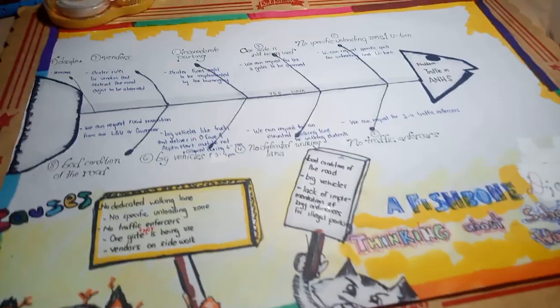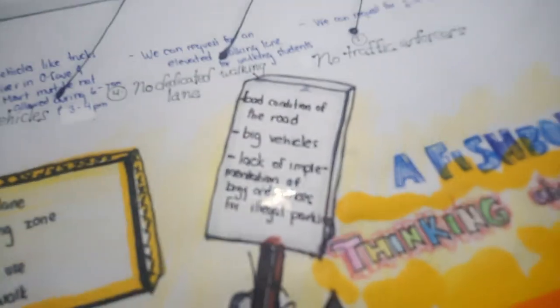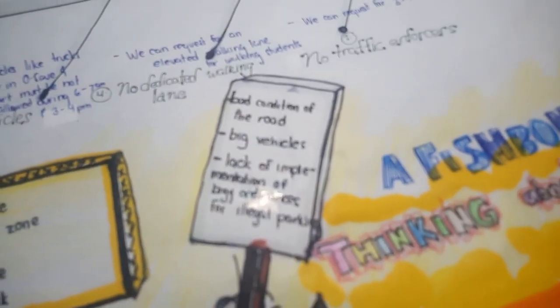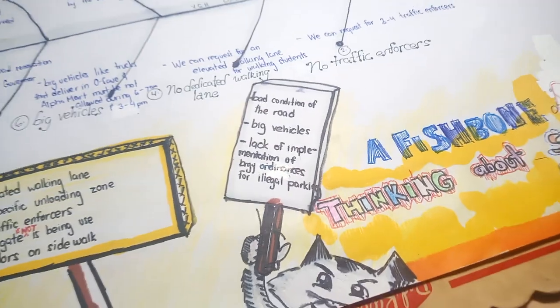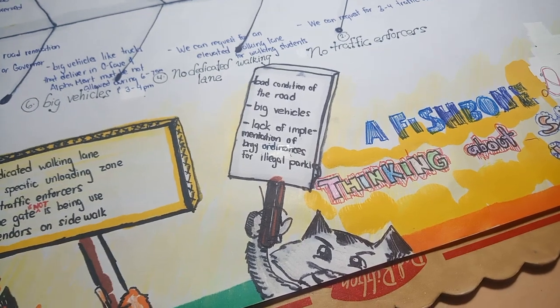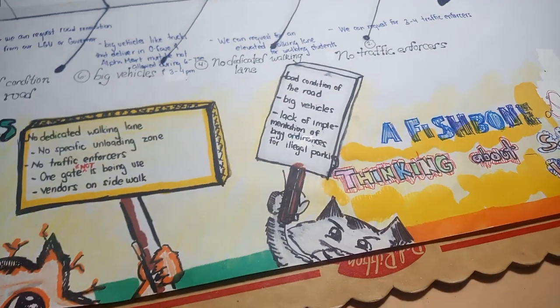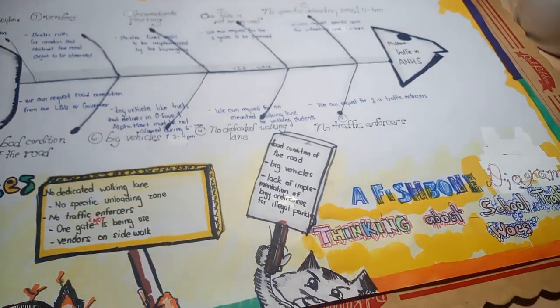Ano nangyari sa ilaw natin? Okay. And then the bad condition of the road. No? Yan. Big vehicles, yung mga bigla nagpapalikong mga vehicles, lalo na yung malalaking truck coming from, they deliver sa Alpha Mart and Save, yeah.